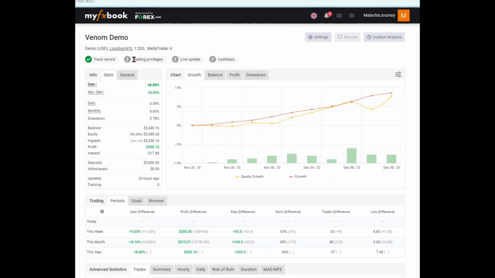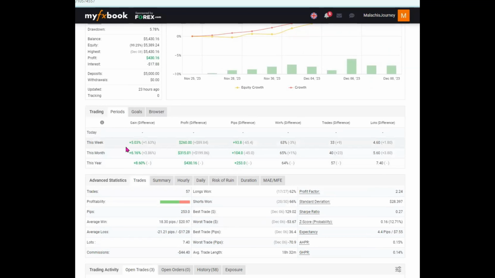I have not bothered to verify the trading privileges, nor am I going to pay for the live updates, honestly, on this. It started on the 25th, and we know the first trade was on the 27th. So far this month, it's made 8.6% with a 5.78% drawdown and a total profit of $430.